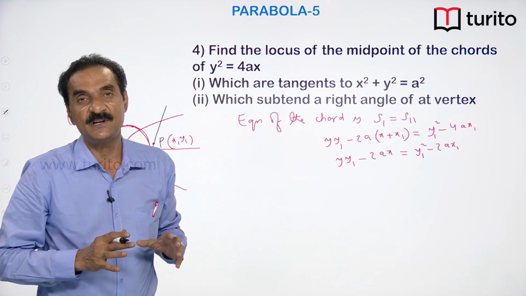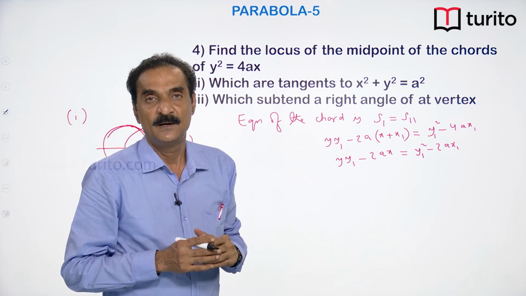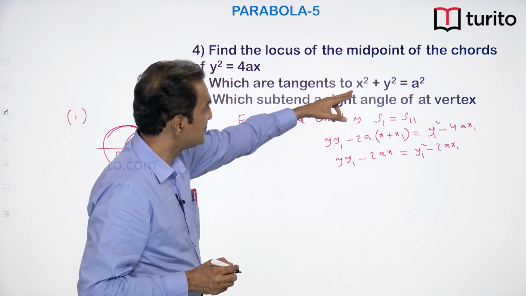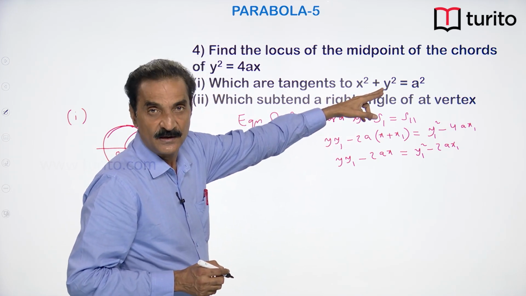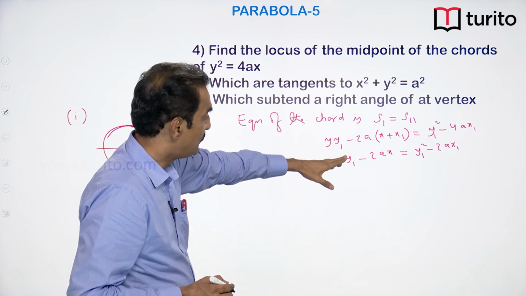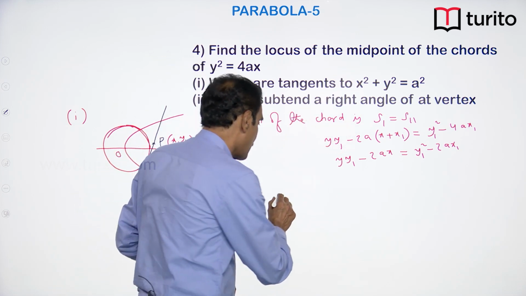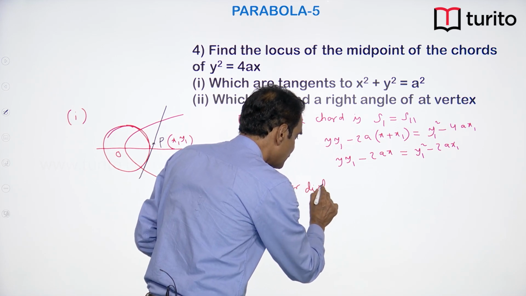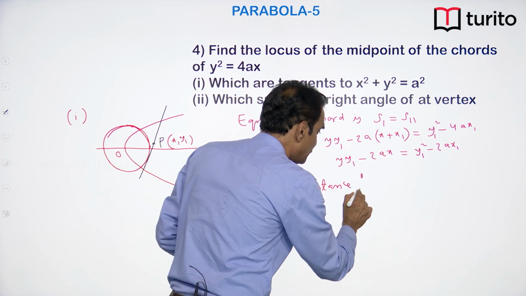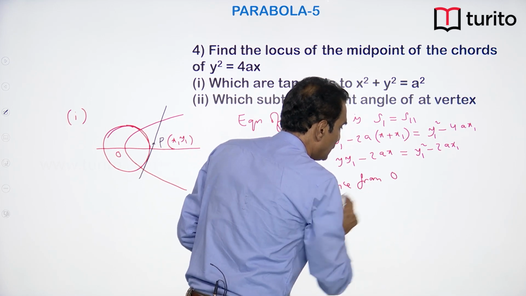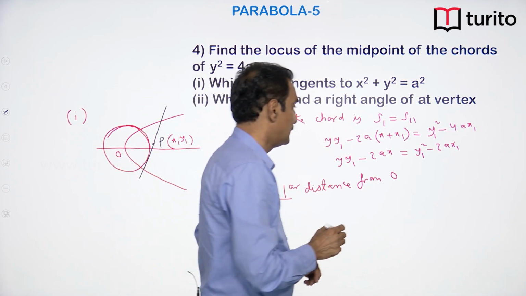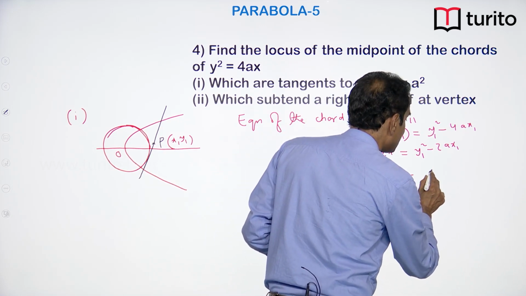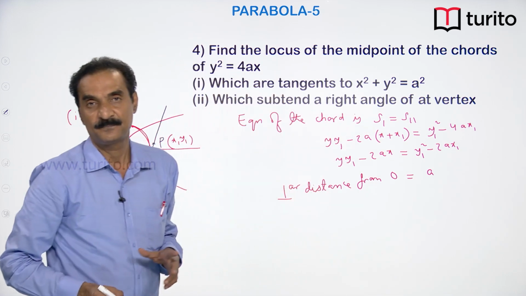If a line is a tangent to a circle, what is the condition? Perpendicular distance from the center is equal to radius. So what is the center of the circle? Origin, radius is a. So the perpendicular distance from the origin should be equal to the radius of the circle, a.